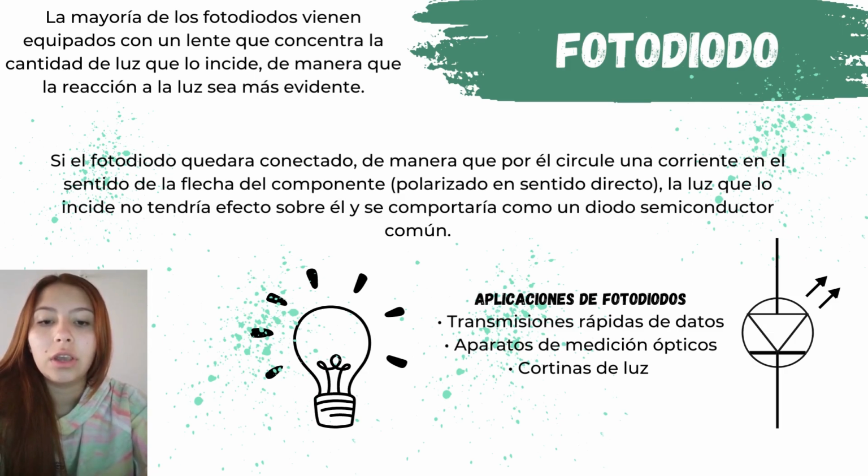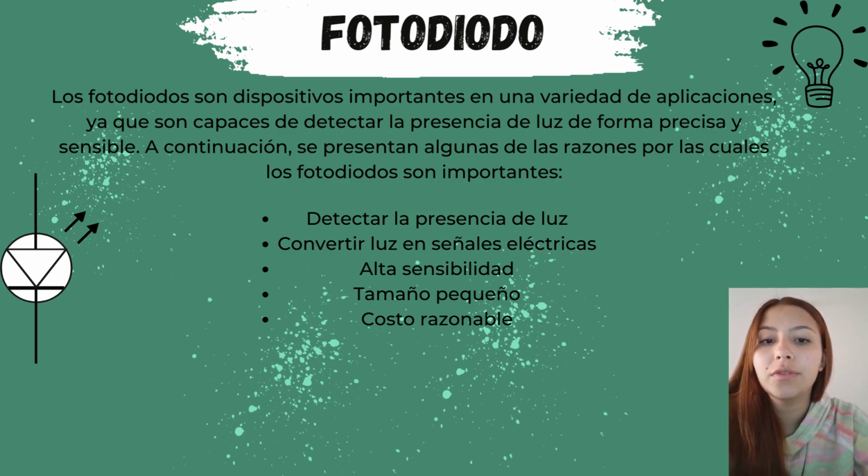In addition, some applications of photodiodes are fast data transmission, optical measuring devices, and light curtains. Photodiodes are important devices in a variety of applications as they are capable of detecting the presence of light accurately and sensitively. Here are some of the reasons why photodiodes are important: they detect the presence of light, convert light into electrical signals, have high sensitivity, small size, and reasonable cost.